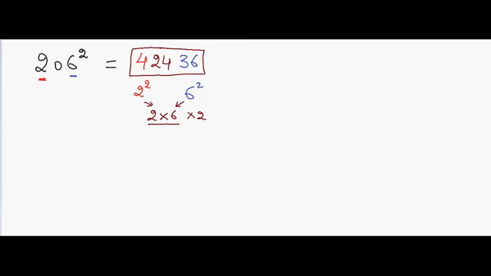Let me take another example. Suppose I have 409 and I want to do a square. In that case, 4 square is equal to 16, 9 square is equal to 81, and 4 into 9 into 2.